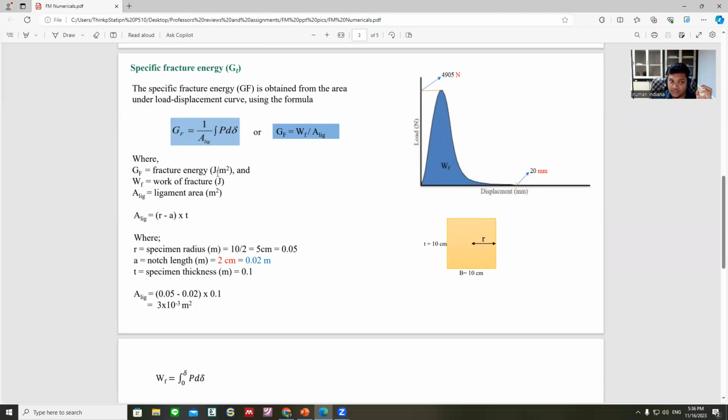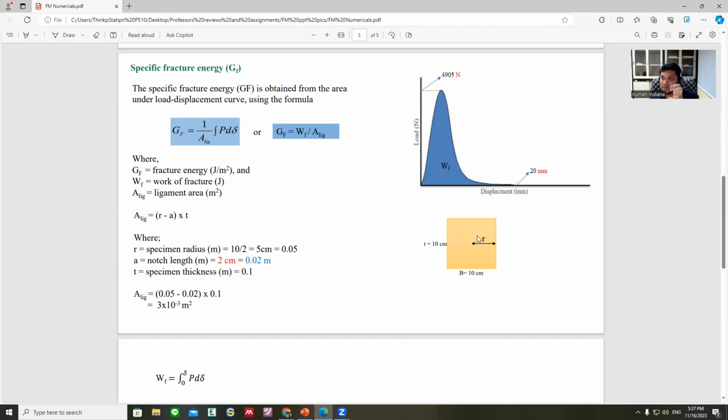Here GF is the fracture energy, with the unit joule per meter square, that is per area. WF is the work of fracture, and ALIG is the ligament area. Ligament area is calculated as (R minus A) times T. R is half of the specimen. In a circle, half of the diameter is equal to the radius.